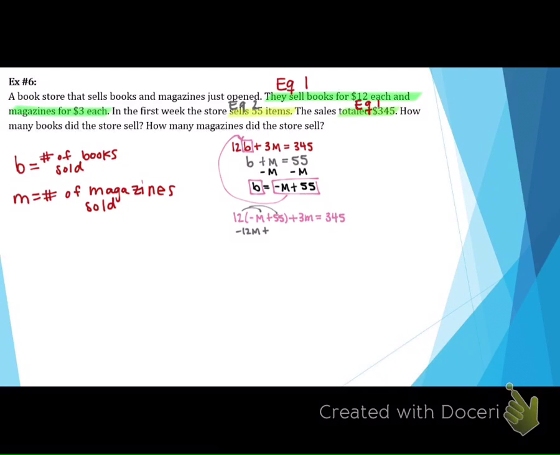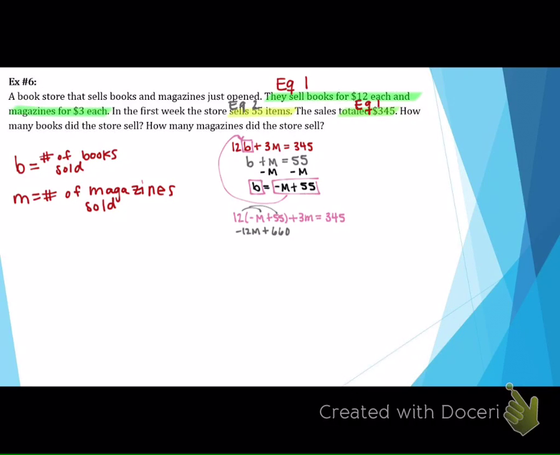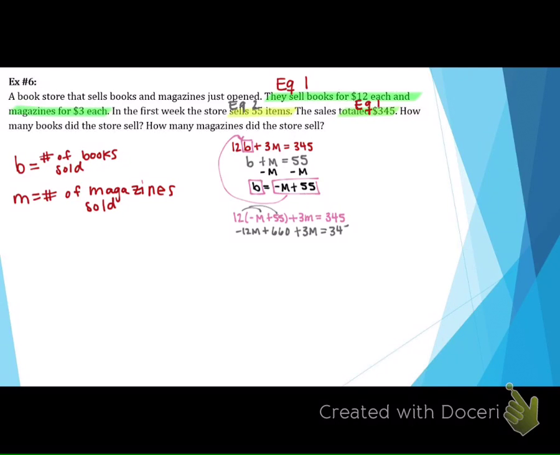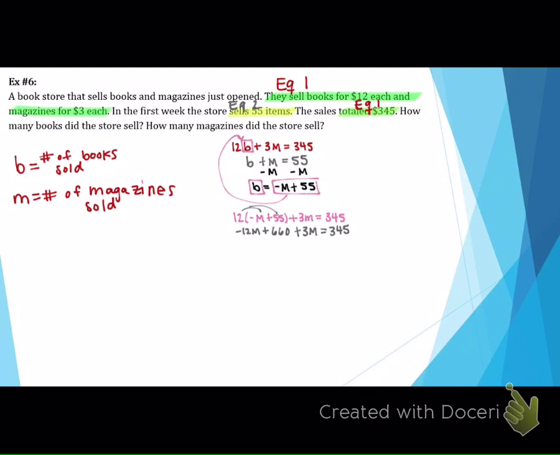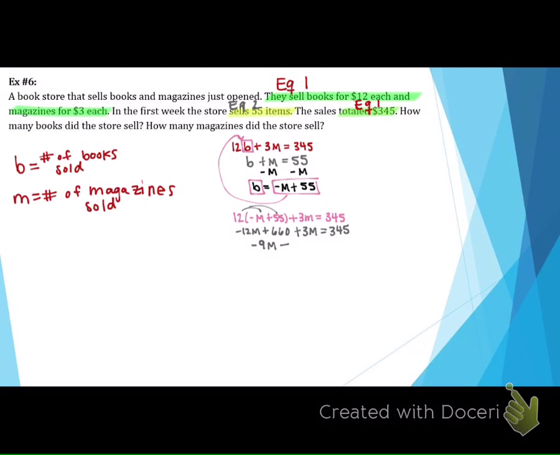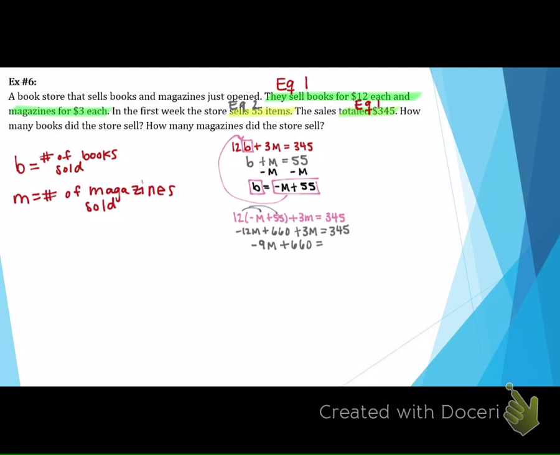Avery, you do. Can you do 12 times 55 for me? 660. Did you get 660 as well? Okay, I always double check, otherwise I do the whole entire problem wrong. So then we have negative 12M plus 3M, which is negative 9M. And then I subtract 660 on both sides.